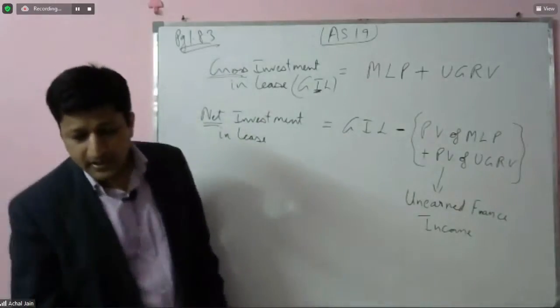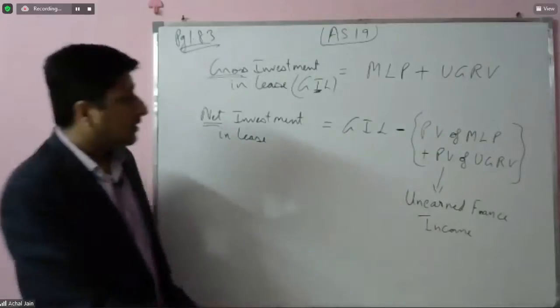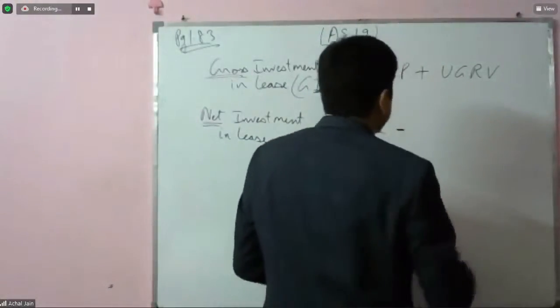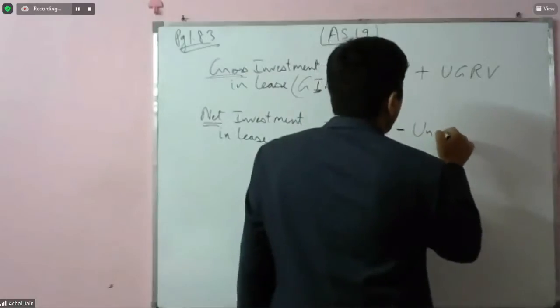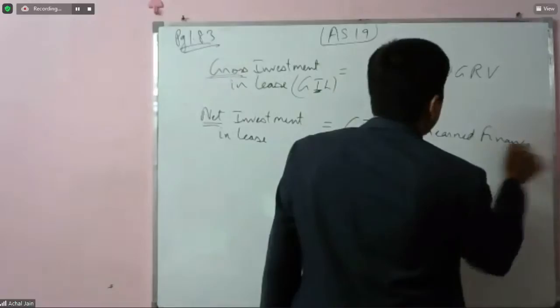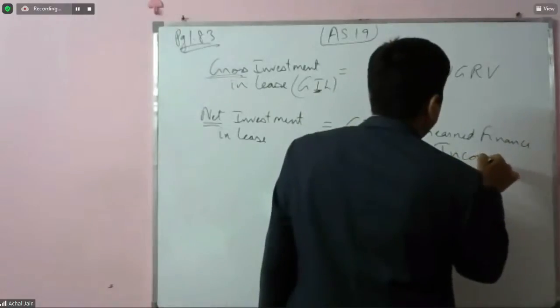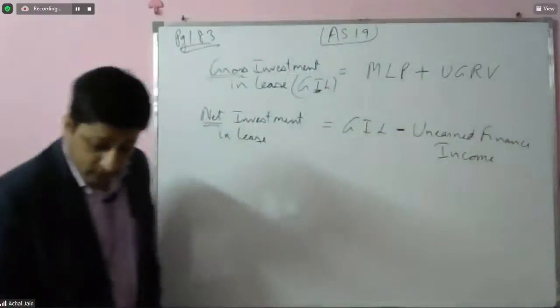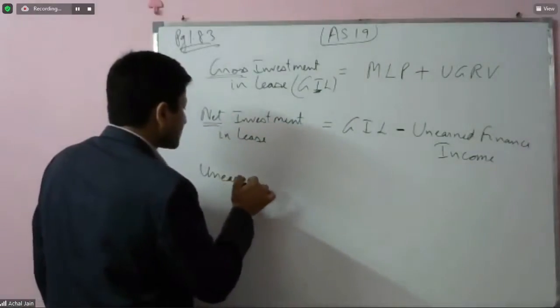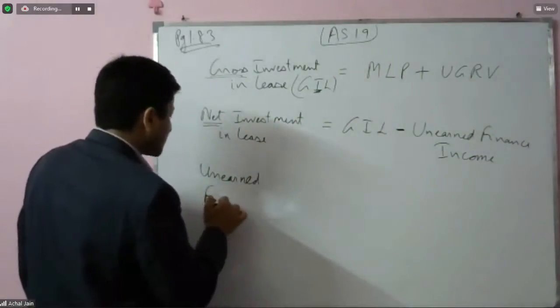Sorry, I think I put this down incorrectly. Unearned finance income will come over here, and let me correct this. Unearned finance income.